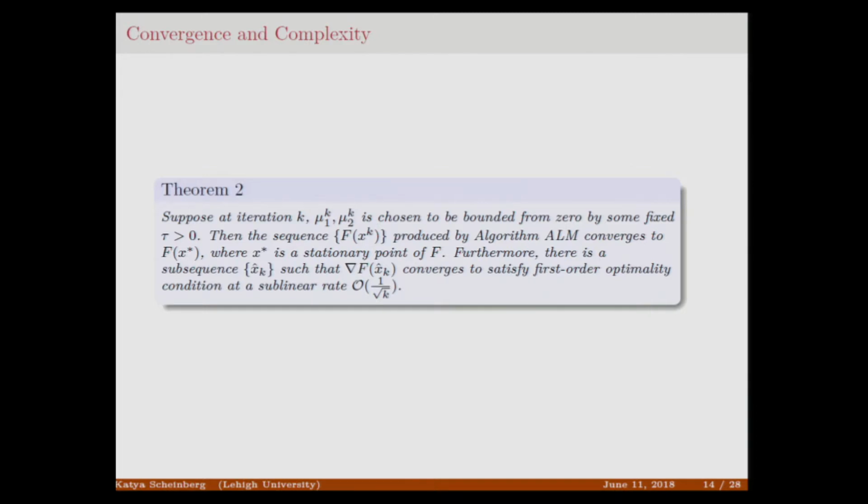We're converging to satisfy the first order optimality condition. This is a sublinear rate. Okay? So the theoretical results are comparable, but the difference again is that we're allowed to choose mu differently. Okay. So this is the comparison.